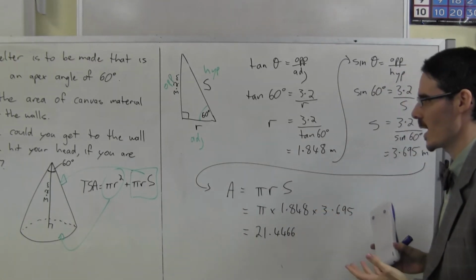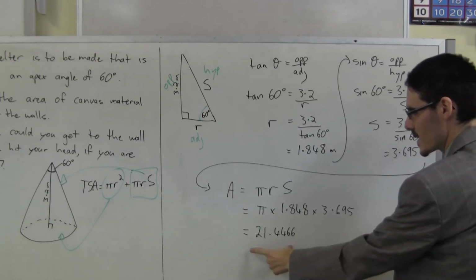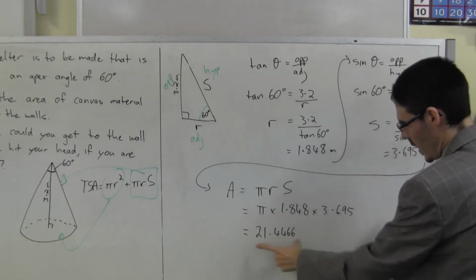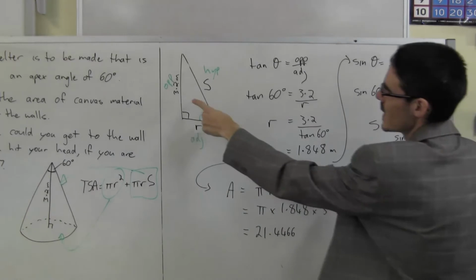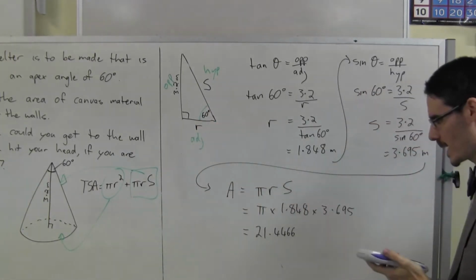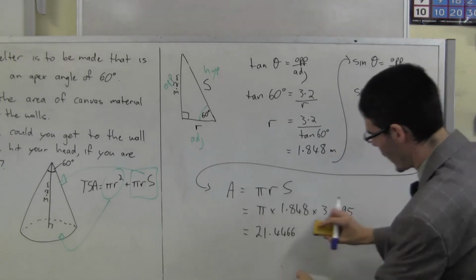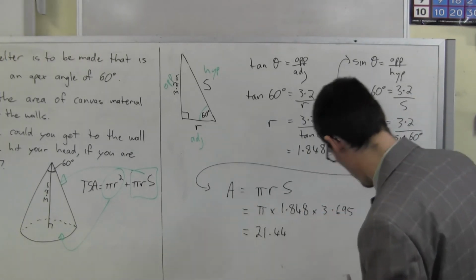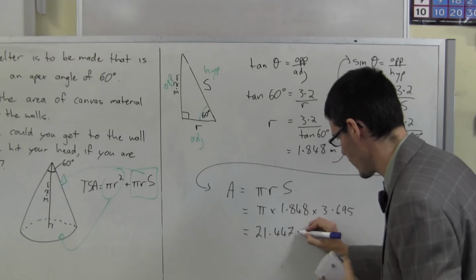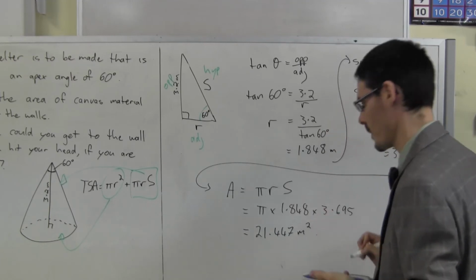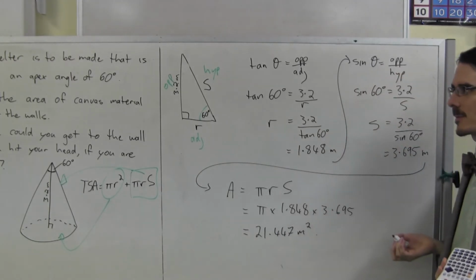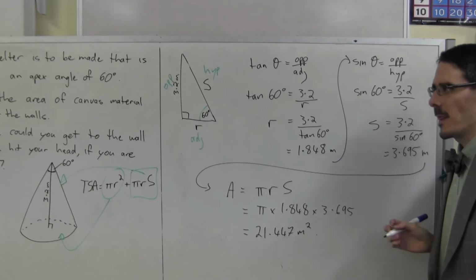Again, I'm not sure how much to round off. Square metres of material. I might again go for 3 decimal places. It's probably more than I need. This is more than 5, round that up. 21.447 square metres. And you've done it. That was A.